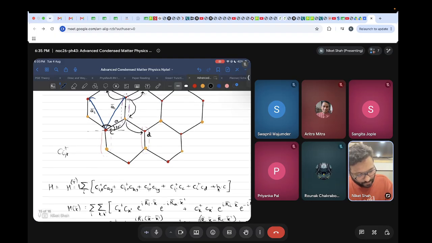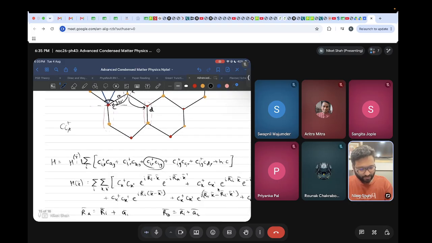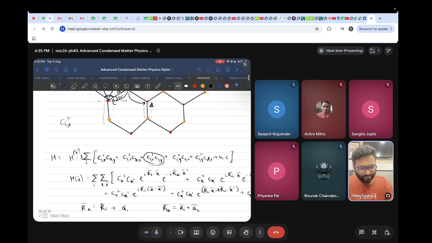Now this is yellow, red, and vice versa, and a Hermitian conjugate. But this term won't have a Hermitian conjugate because it's the same. So yeah, it's anyway covered. I just wrote it once, that's why. But these terms will have a Hermitian conjugate.